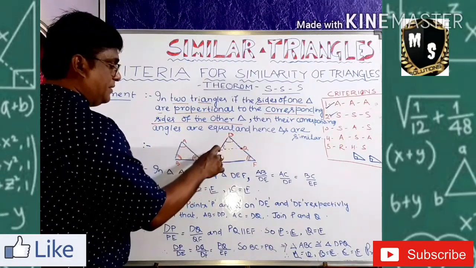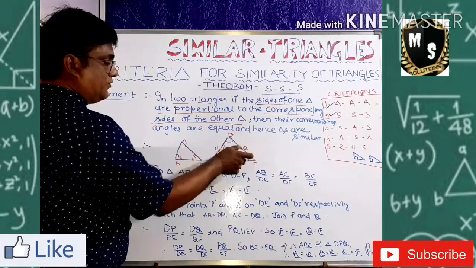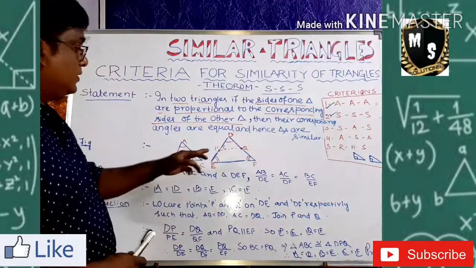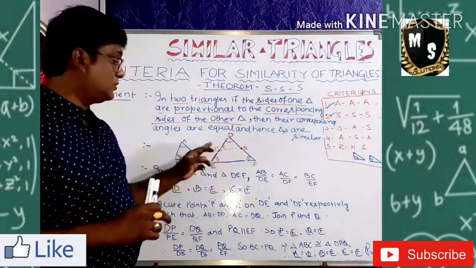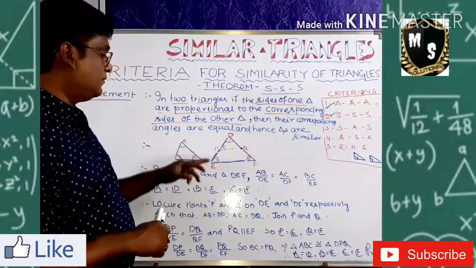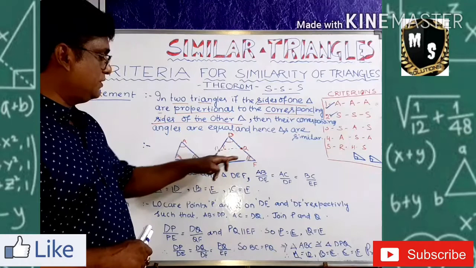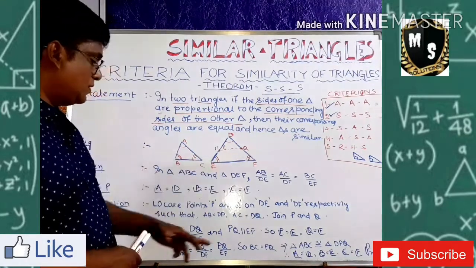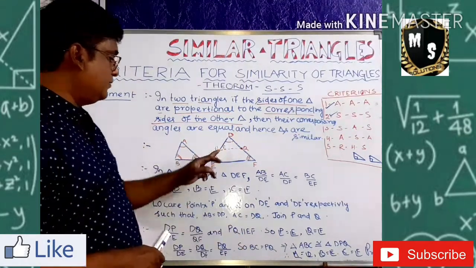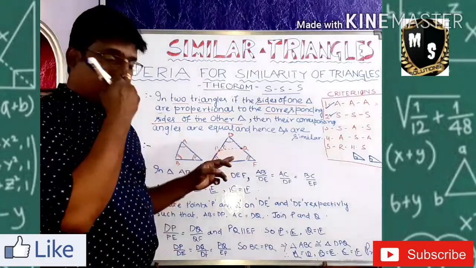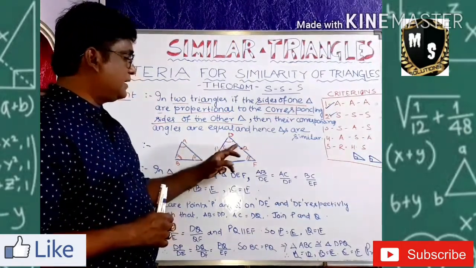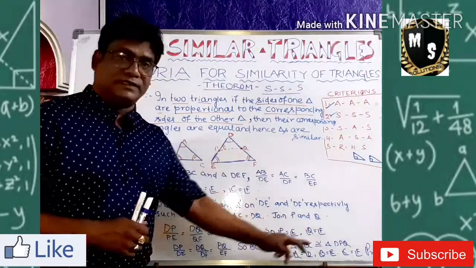That means DP by PE is equal to DQ by QF. Go to the BPT. When the line is intersecting the other two sides in the same ratio, then what can you say? This line is parallel to this line. So PQ is parallel to EF. So now it is written there: angle P will be equal to angle E and angle Q equal to angle F. It is written.